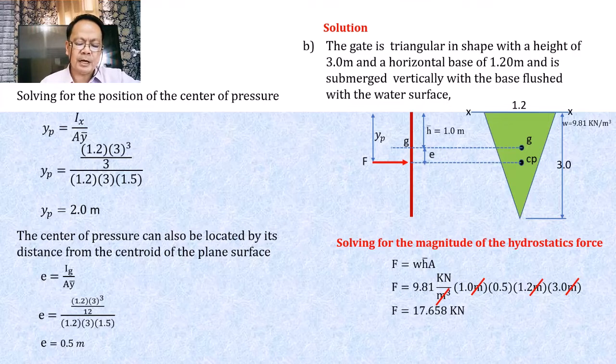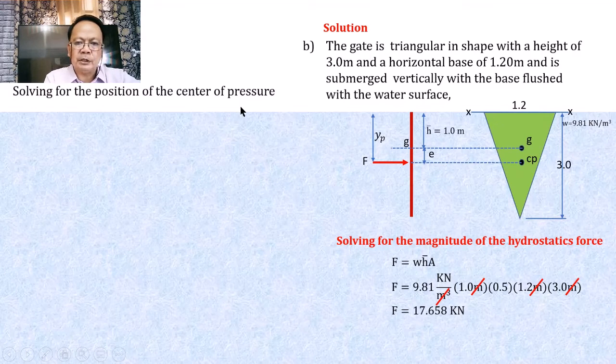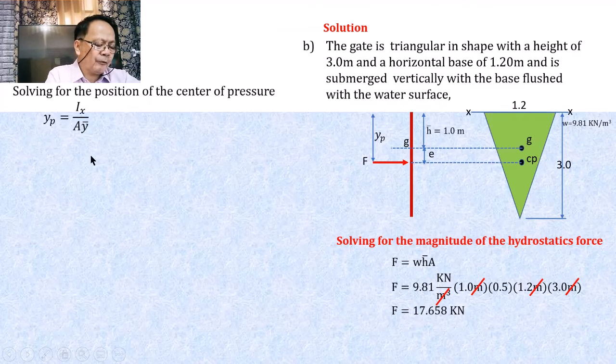Now, our next concern is to find the position of the center of the pressure. Ipakita natin dito. How are we going to solve for the position of the center of the pressure? We may again refer its position from the intersection, and this is from the XX. So if we will be solving for y sub p, then it will be equal to I sub x divided by A times bar y.